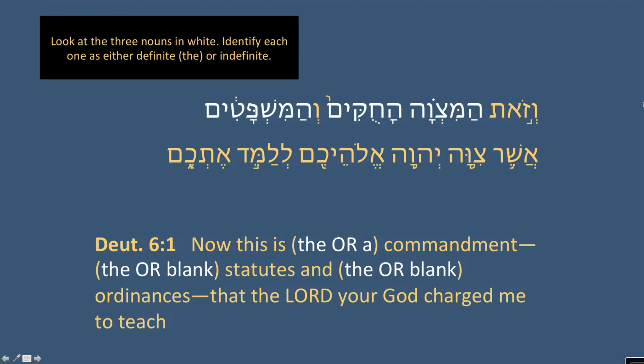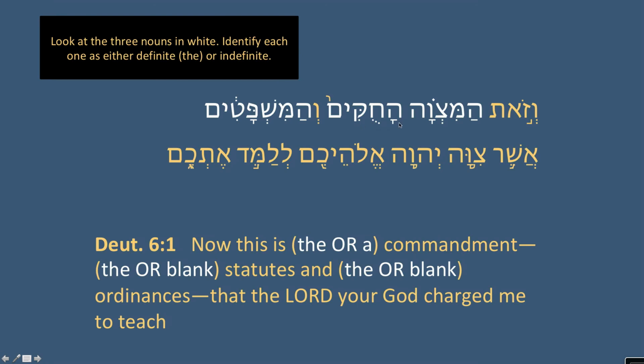All right, so our first word, ha-mitzvah. Notice the hey with the patach, the dagesh in the mem, so this is going to mean the commandment. The next word, hachukim. Here we know we have a plural from our im.